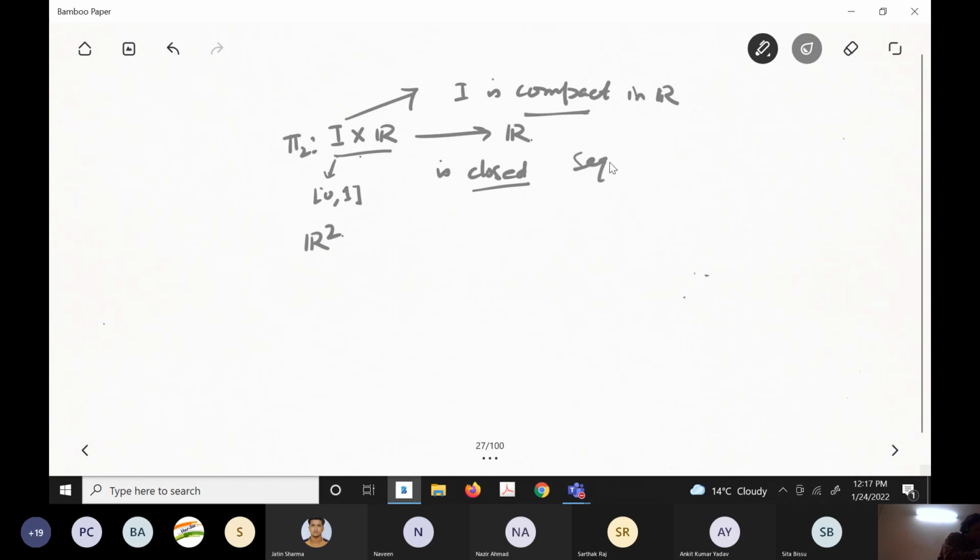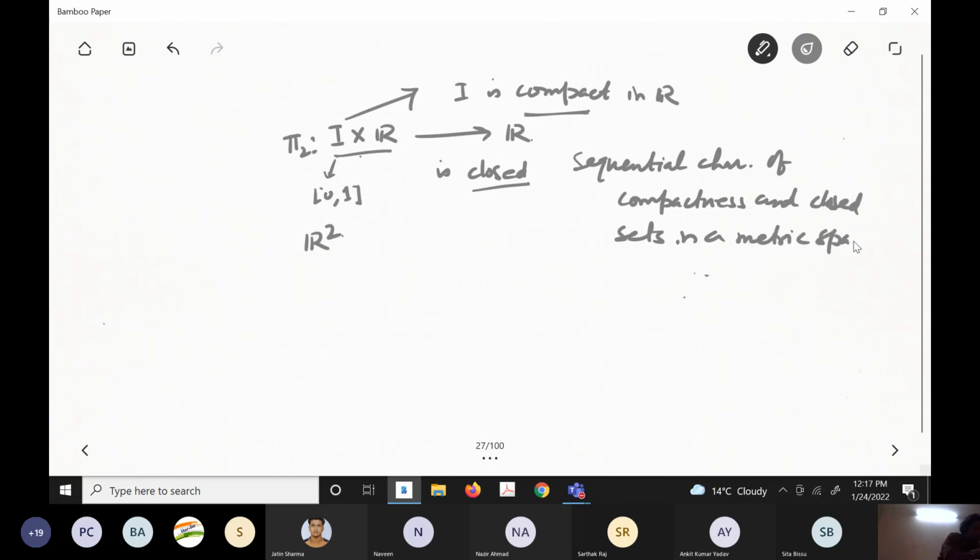I'll come to that problem later again: sequential characterizations of compactness and closed sets in a metric space.